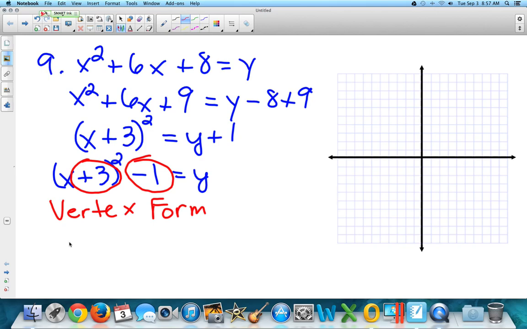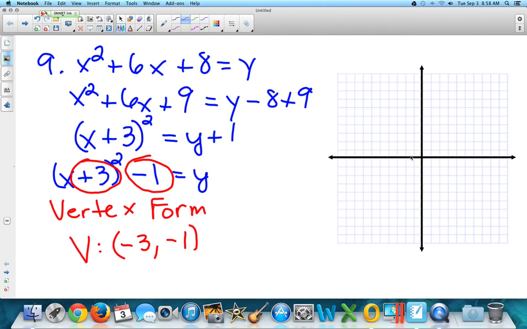So my vertex is at, now pay attention, the opposite of this, which is negative 3, and exactly what this says, which is negative 1. Some people refer to this as opposite, keep, opposite, keep, opposite, keep. So negative 3, negative 1.